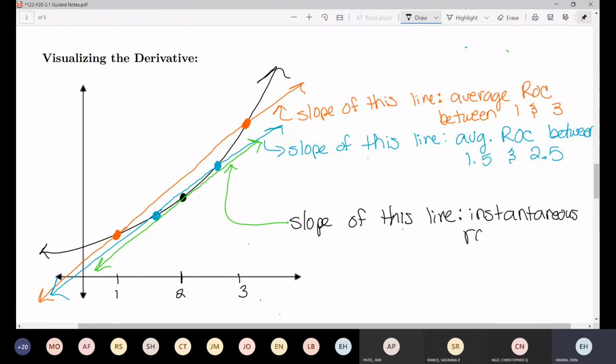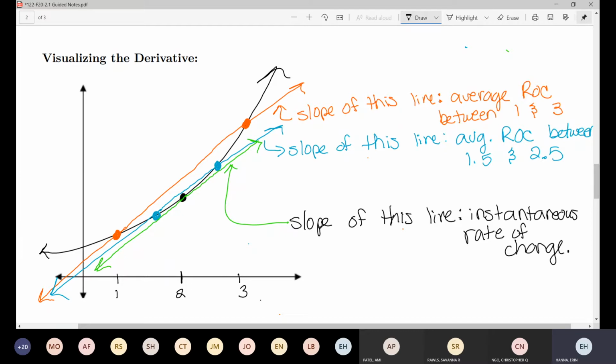Instantaneous. But the reason we can't immediately calculate the instantaneous rate of change fully is because that green line, I know they're all kind of mushing together, only touches the function at x equals 2. It doesn't cross through more than one point. It only touches that function at x equals 2.